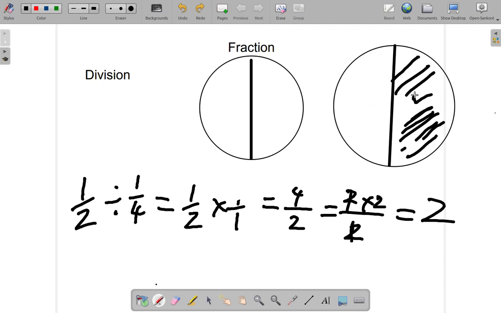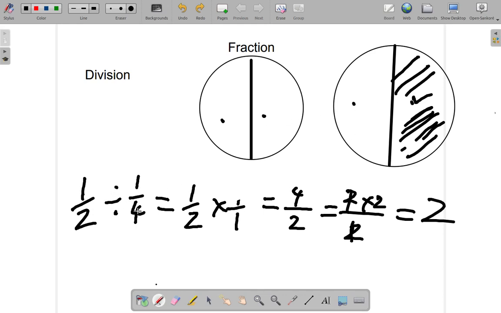So now I have 4. 1, 2, 3, 4. So I have a half first, and by dividing it by a quarter, I want it to be a quarter of something. Now what I have is 2 whole circles, so that's the answer, 2.